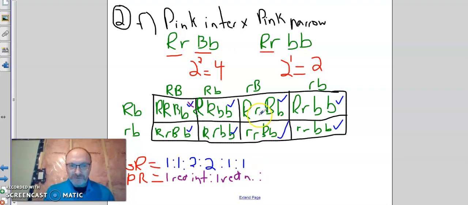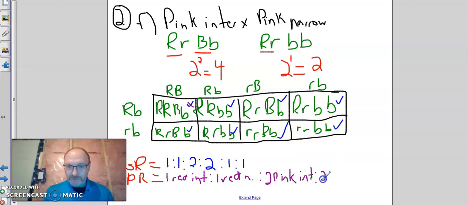And then 2 of the individuals were heterozygous, right? So there's going to be 2 that were pink. Remember, big R is going to be expressed incompletely. Heterozygous conditions always are. So pink, and then they're going to be intermediate as well. And then we've got 2 individuals who are big R, little b.